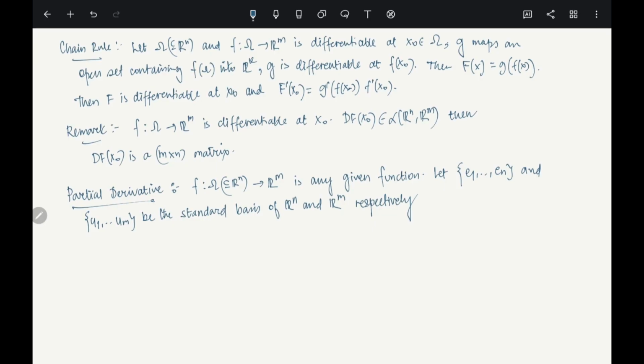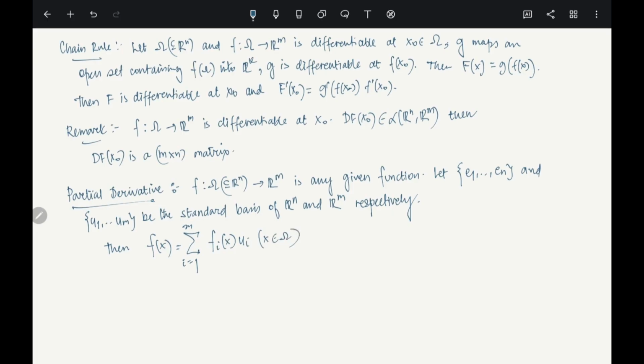Okay, respectively. Now what happens is this: for any point x in omega, f of x will look like this. It will look like the summation i equals 1 to m, because f of x is an element of Rm, so there you will have m components, right? So it will look like f_i of x u_i, and this x is in omega. Clear?